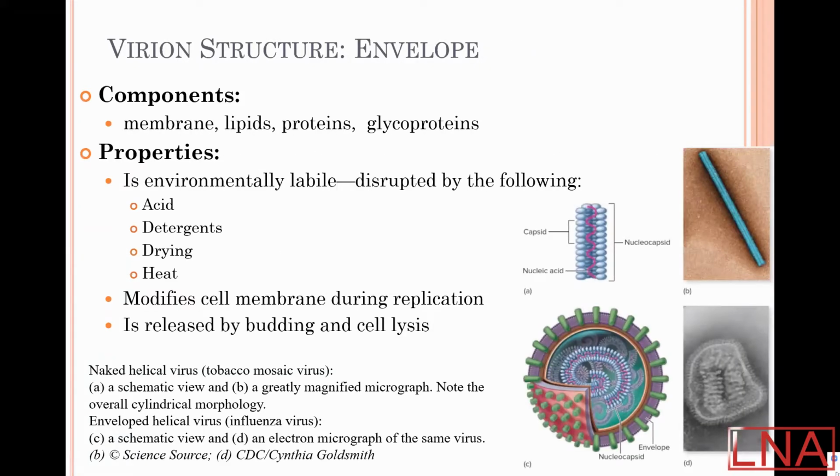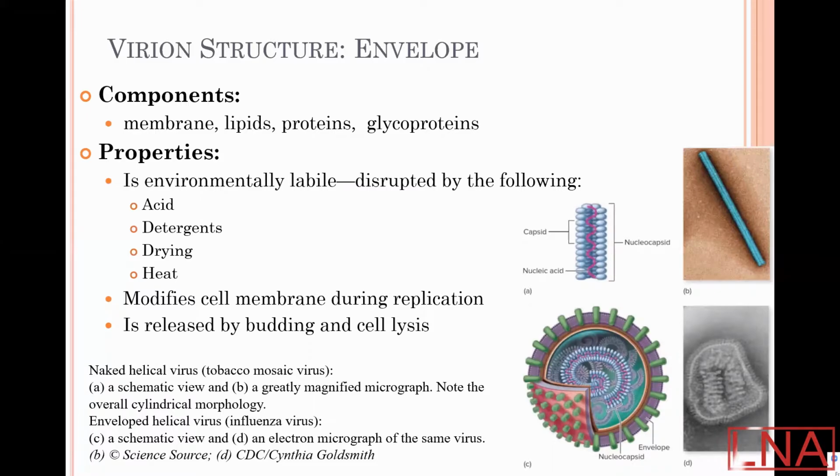The next few slides will be about enveloped viruses. Look here, all of them are complex. So not only nucleic acids inside, not only proteins, but also glycoproteins on the surface, lipids, and the membrane.